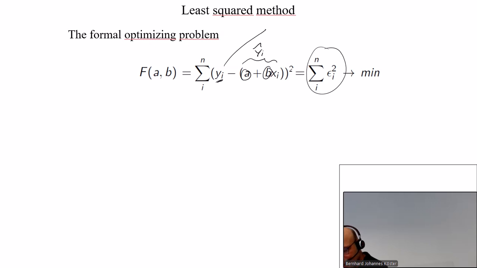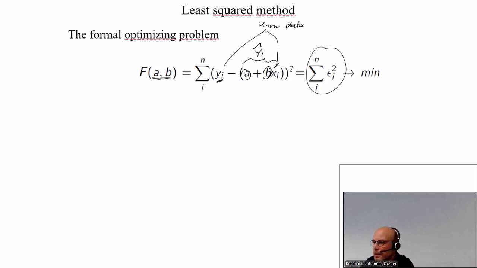So keep in mind these numbers here, all xi, x1, x2, x3, x4, and so on. These are the numbers you know. This is your data. So you end up with a function just depending on two parameters.